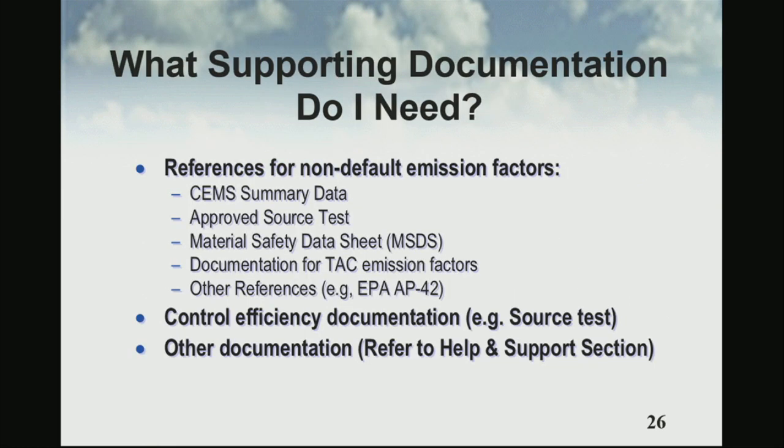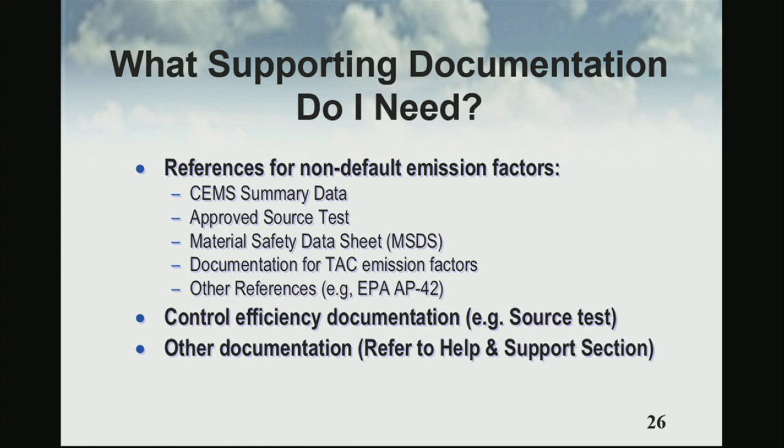Supporting documentation. These are documents that justify the activity data that you included in your report. It could be anything, like any MSDSs that were used to identify the toxics, or to identify the density or percent weight; you include those. If you have any source tests to justify your emission factor, please include them.